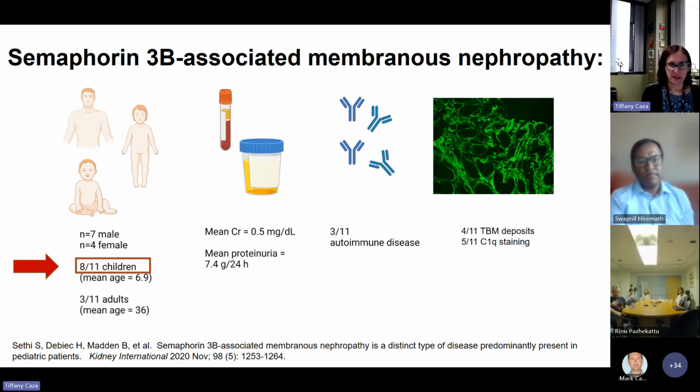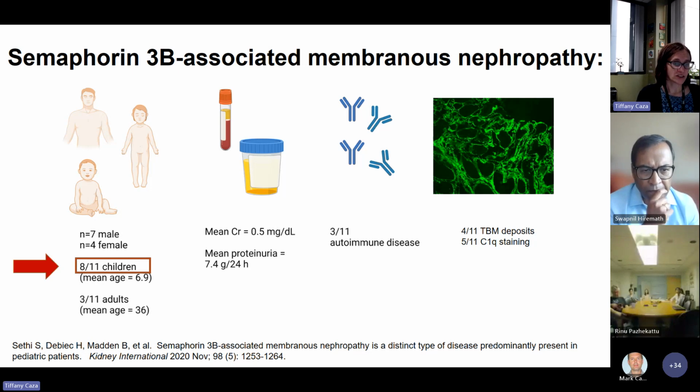Another antigen in membranous is semaphorin 3b, and this was described at the Mayo Clinic as well. This is an antigen that is increased in the pediatric population and is seen in about 10% of all pediatric membranous as semaphorin 3b positive. Pediatric membranous nephropathy has a different distribution than adults, in that only about 30 to 35% are PLA2R positive.